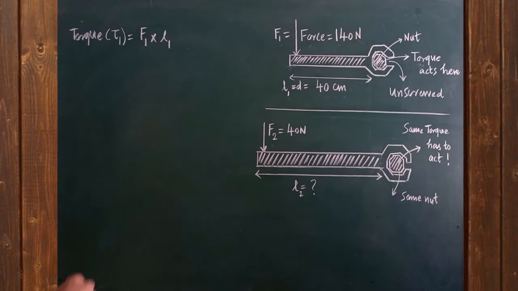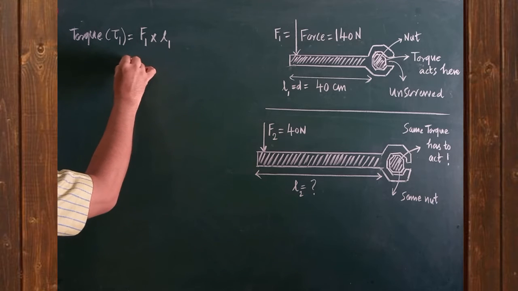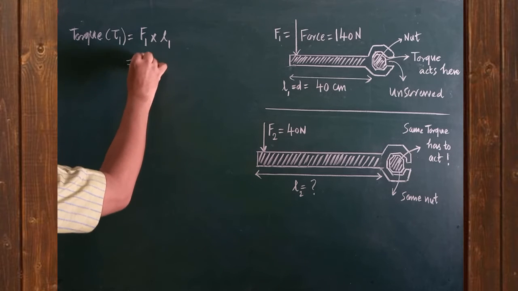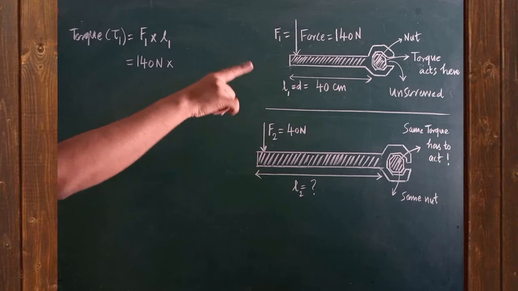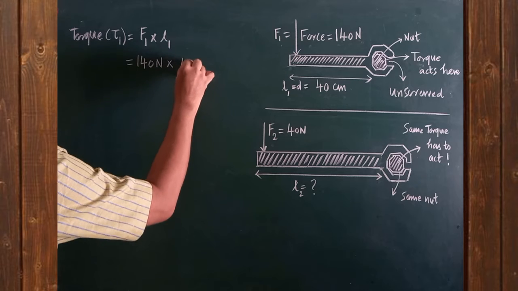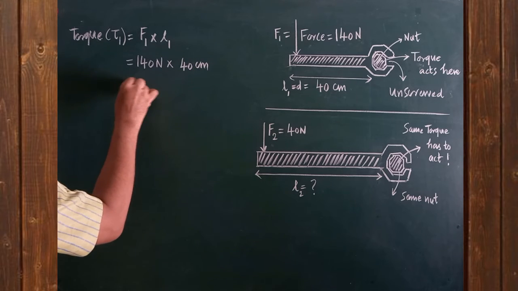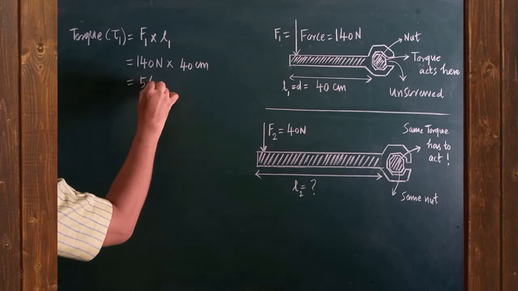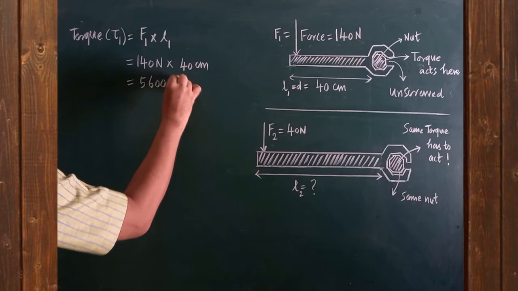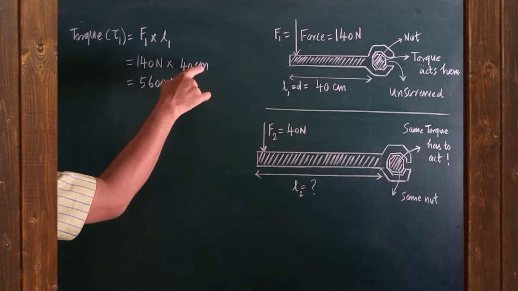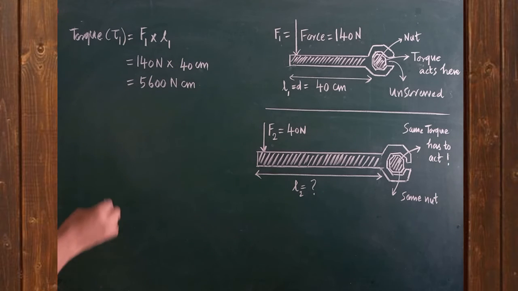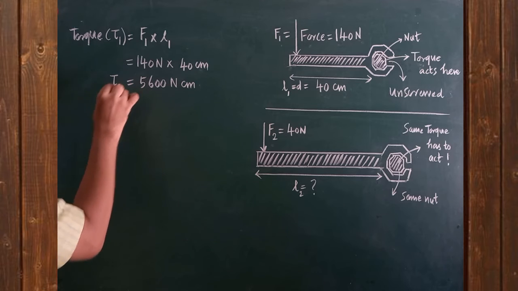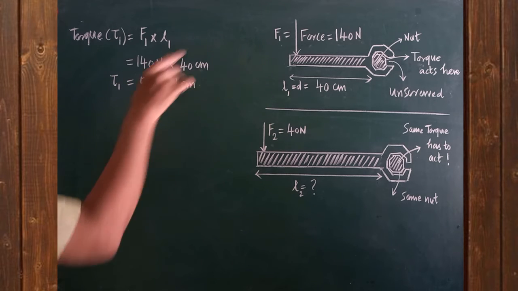Here F1 is 140 Newton, and the length of the first spanner is 40 centimeter. Multiply both, and you will get 5600 Newton centimeter. Just for convenience, I didn't convert centimeter into meter. So this is the torque acting in the first case, that is the first spanner.